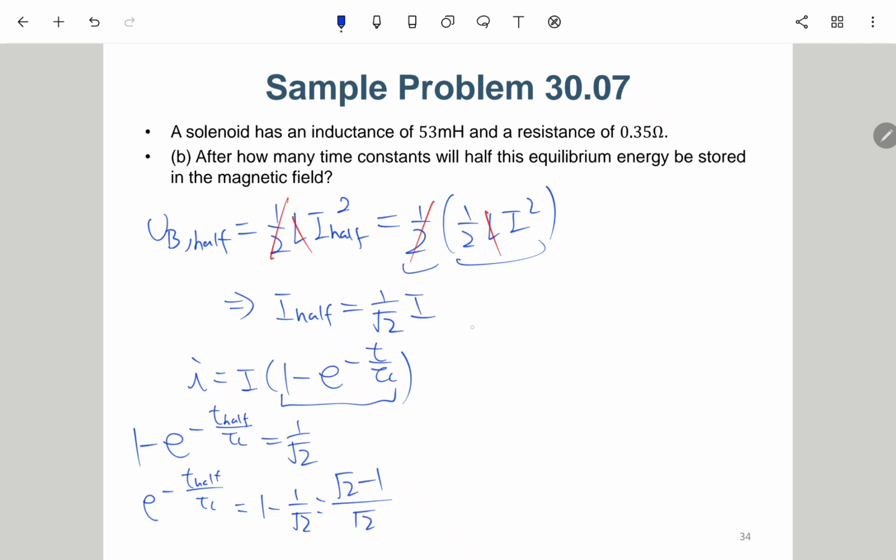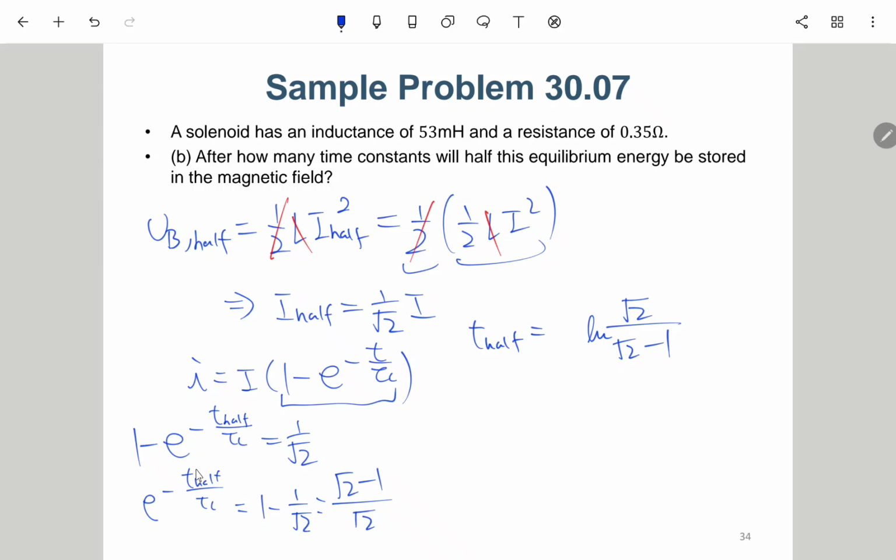So finally, t half will be natural log of square root of 2 over square root of 2 minus 1. Because this is a negative side, we take the reciprocal, becomes a positive side. And then we take natural log on both sides.